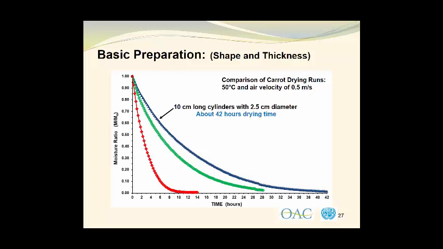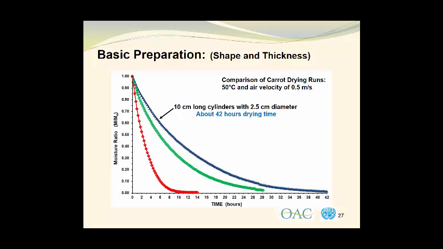And once again, it took about 42 hours of drying time to reach the desired low level. Please do not worry about the units on the vertical axis of this graph. Just compare the shape of the curves and how fast the moisture drops down to the bottom of the graph itself.